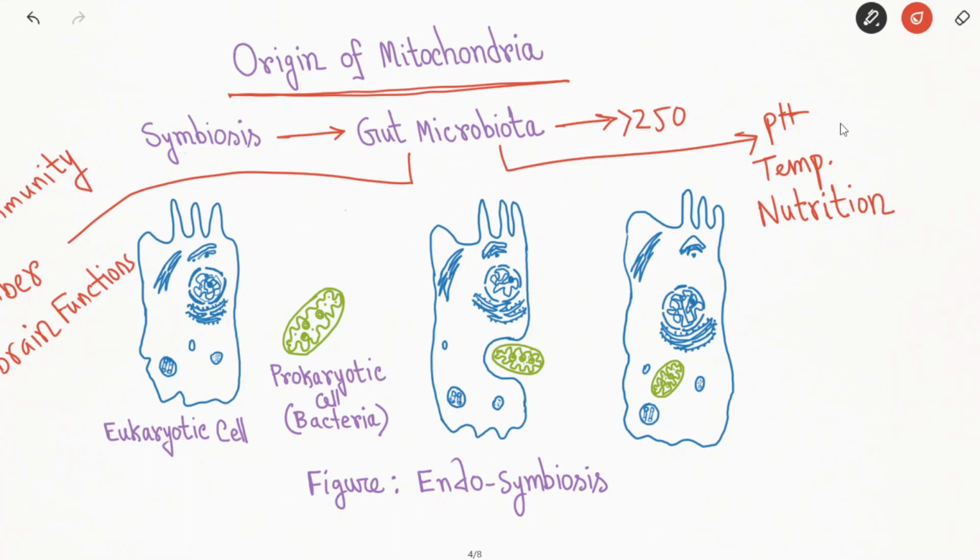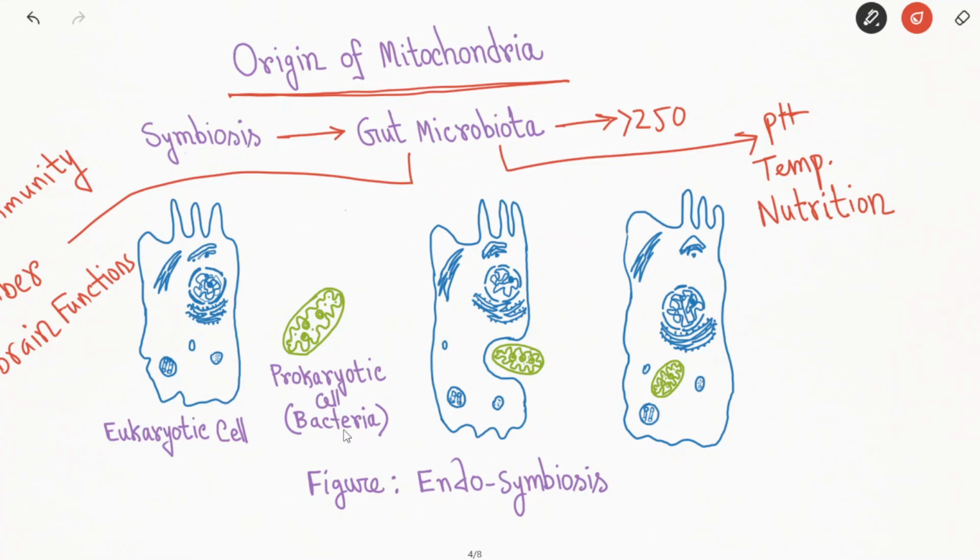A similar theory is the endosymbiotic relationship theory. Many years ago, millions and millions of years ago, the ancient form of the eukaryotic cell engulfed one prokaryotic cell, the ancient form of a bacteria-like cell.